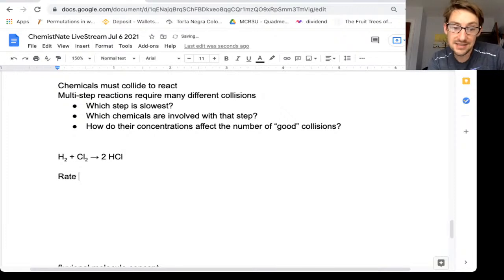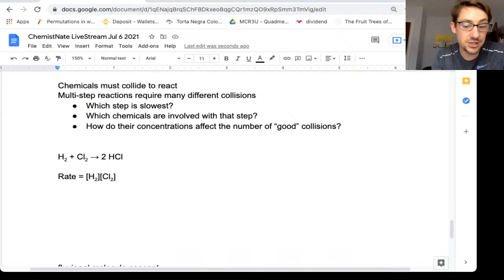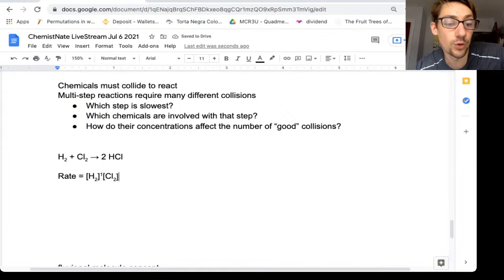What that means is that in order for this reaction to work, you're going to need an H2 molecule and a Cl2 molecule to collide with each other. Only one H2 is required for this collision, so we generally put an exponent of 1 on it, and we say the order of reaction with respect to hydrogen is 1.